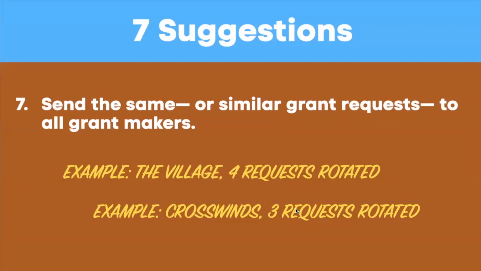So about every 6 to 9 months, some of these grant makers get a request. That means in about two years, somewhere in that lane, they're going to get an updated, similar request, but you're not having to come up with all of this stuff.